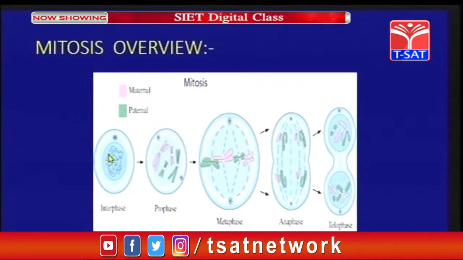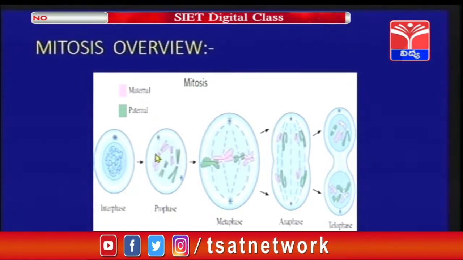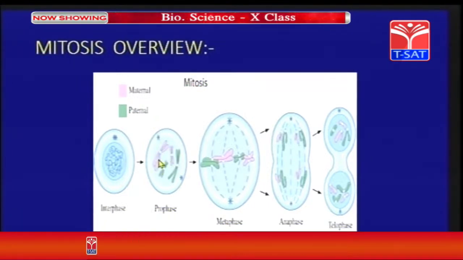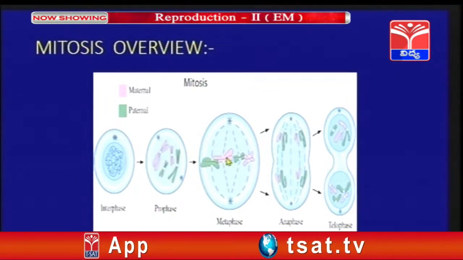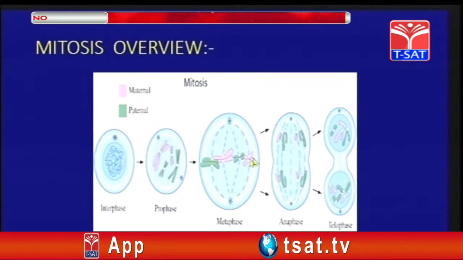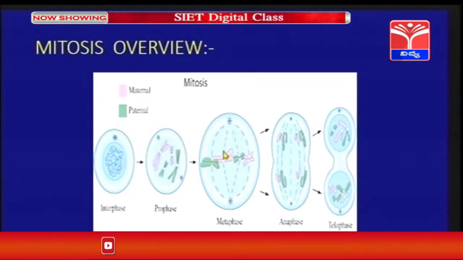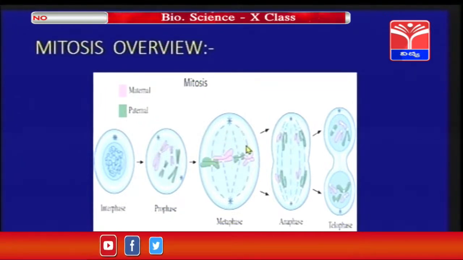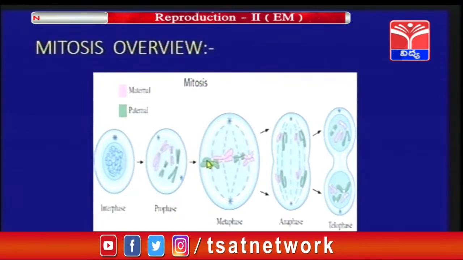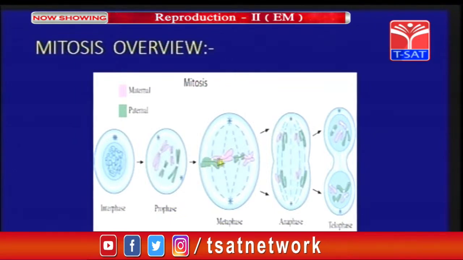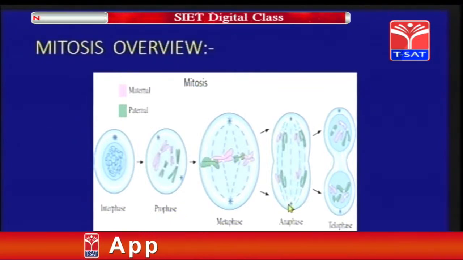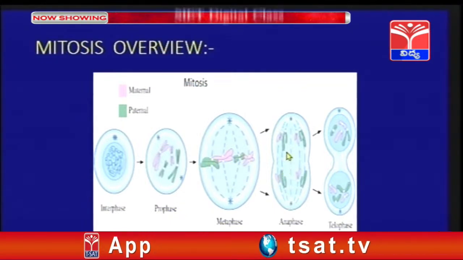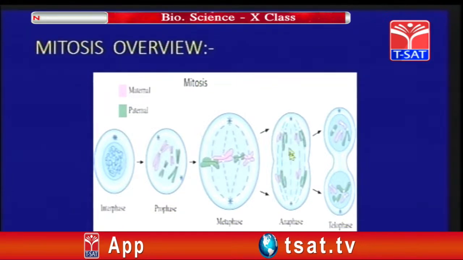Immediately after interphase, prophase will take place, where the chromosomes condense and thicken. In metaphase, the chromosomes move towards the middle of the cell with the help of spindle fibers attached to the centriole. In anaphase, the chromosomes move towards the respective poles.